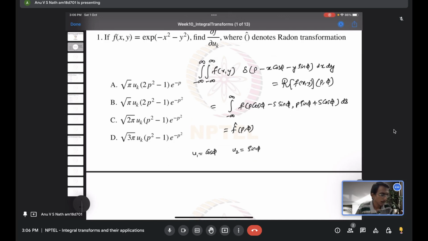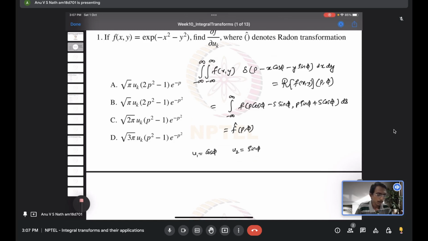I hope this is the basic that you might have already watched in the lecture video. You should have a basic knowledge of this expression. Basically the Radon transform represents the projection of the function f of x comma y onto a line or a plane.